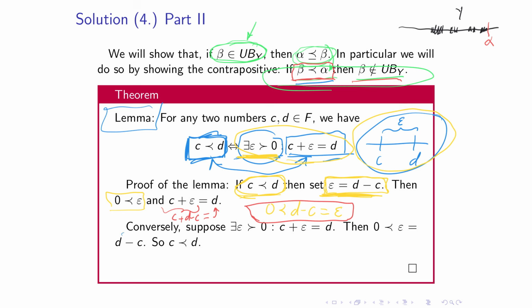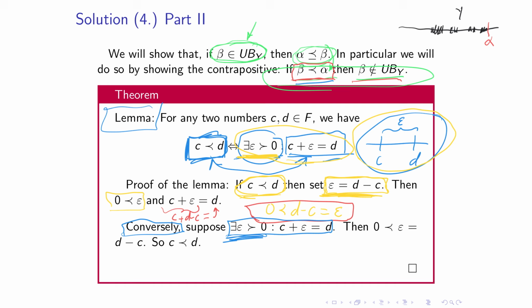Okay, how about the converse? Well, we're going to assume the existence of this positive epsilon, and so on. And now we want to demonstrate that C is less than D, or C precedes D. Well, how are we going to do it? We need to use this fact that epsilon is bigger than 0. So let's solve for epsilon.